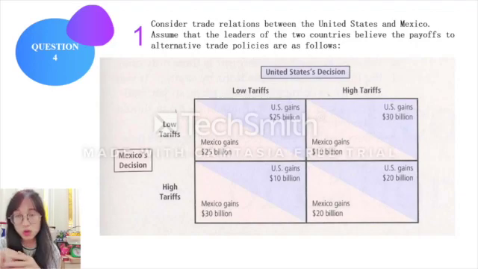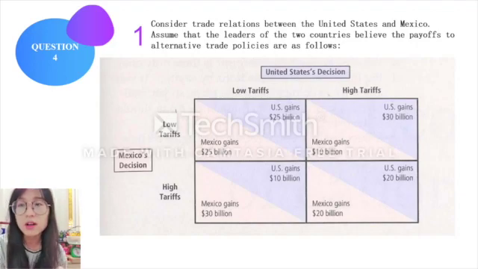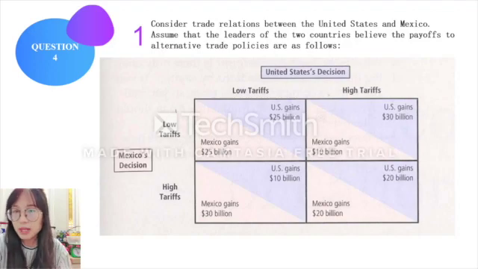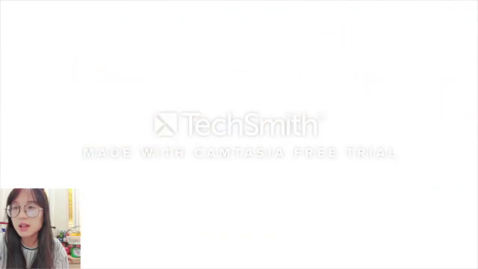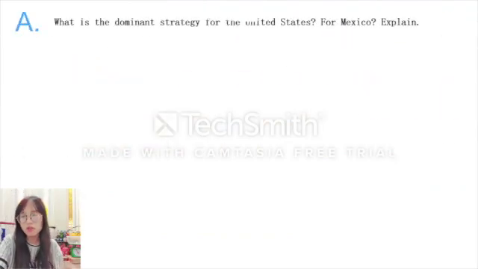First the question is, what is the dominant strategy for the United States and for Mexico? I will explain.